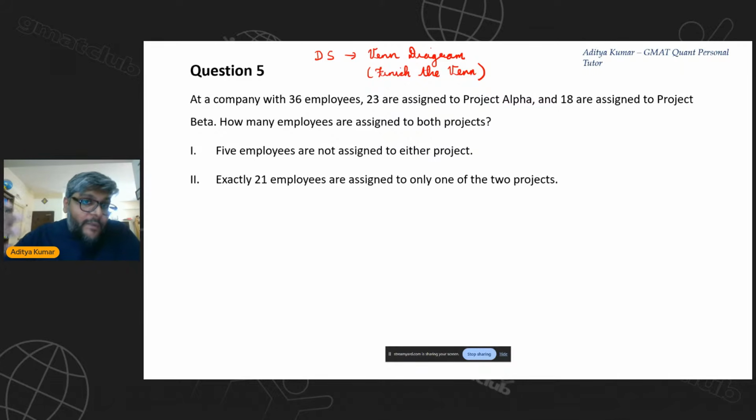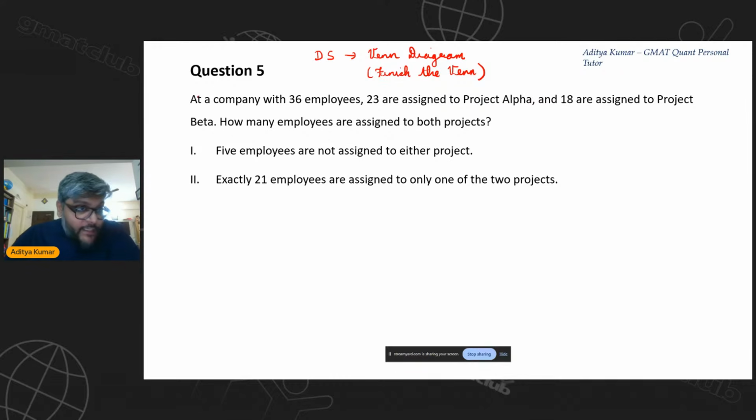Each of my regions will be represented by some piece of information, like an algebraic term or some number. And second, I'll be able to form an algebraic equation using the total.